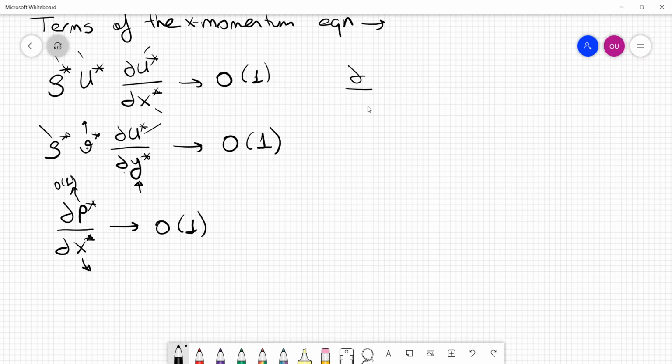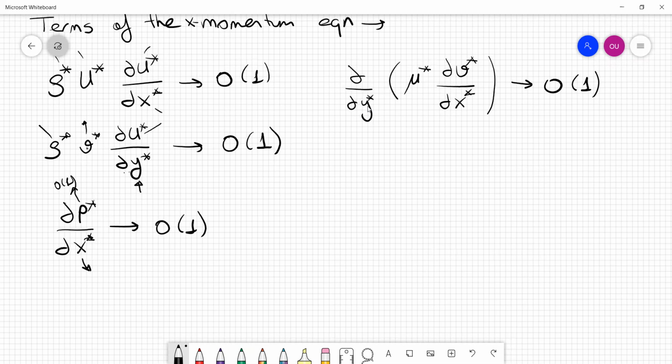We have the first term related to the viscous term, d over dy star of mu star dv star over dx star. If you do this analysis with the second order derivative and everything, you will see that this is also an order of magnitude of 1.